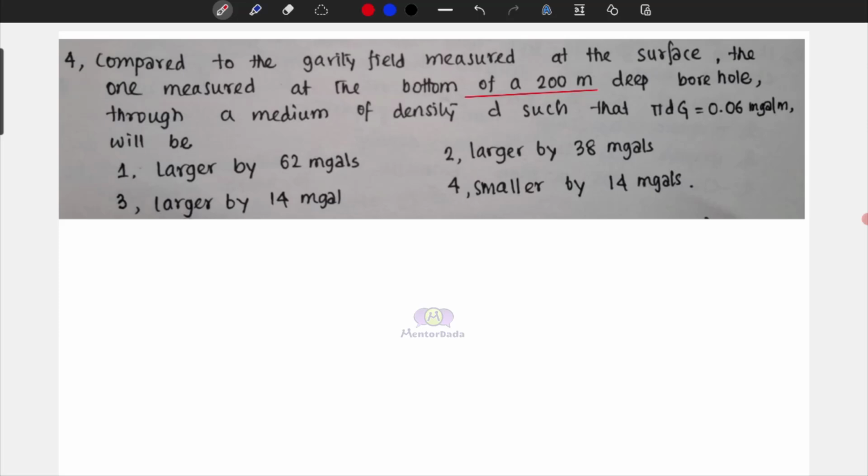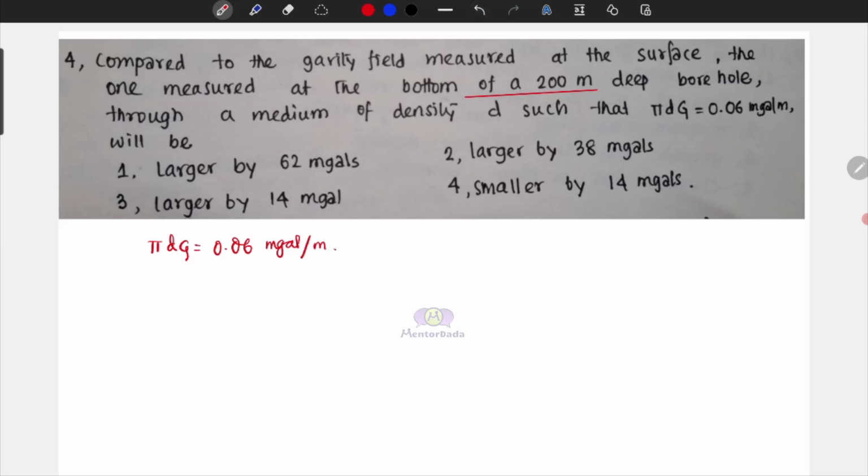Okay, so in this question it has been given that pi D G equals 0.06 milligal per meter.